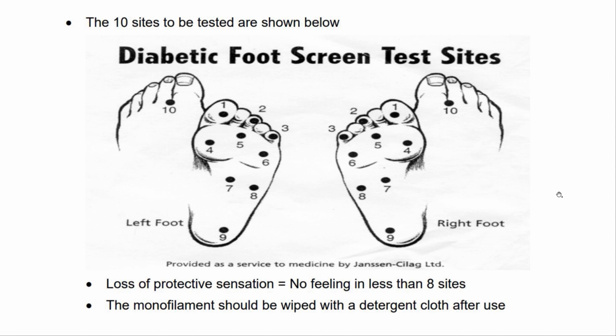For diabetic foot testing, we use that monofilament, which provides a specific amount of pressure for two reasons. One is it's standardized, and two, it means that you can't accidentally poke a hole with a little pinprick in someone's poor little foot.